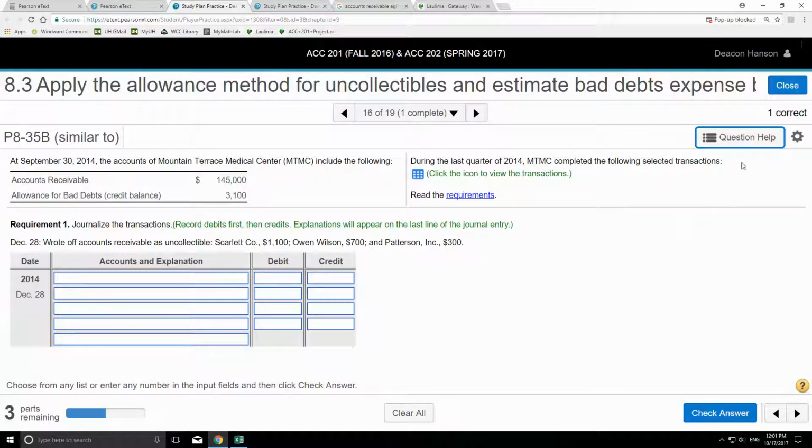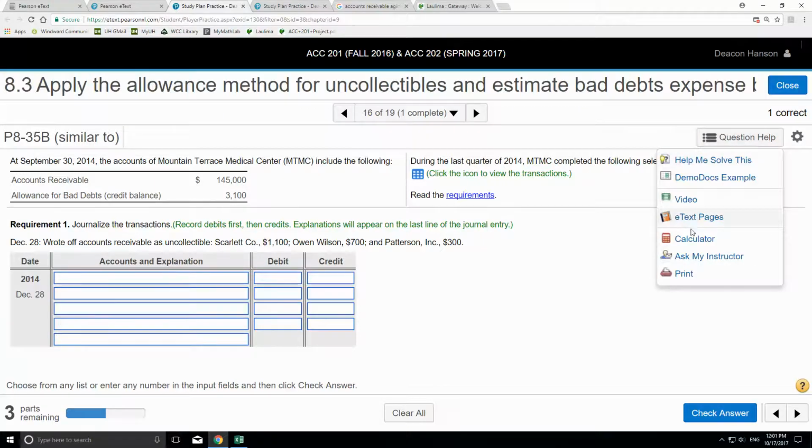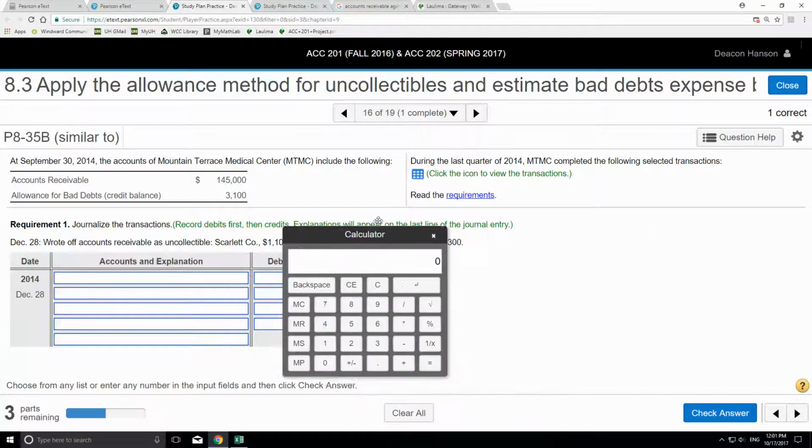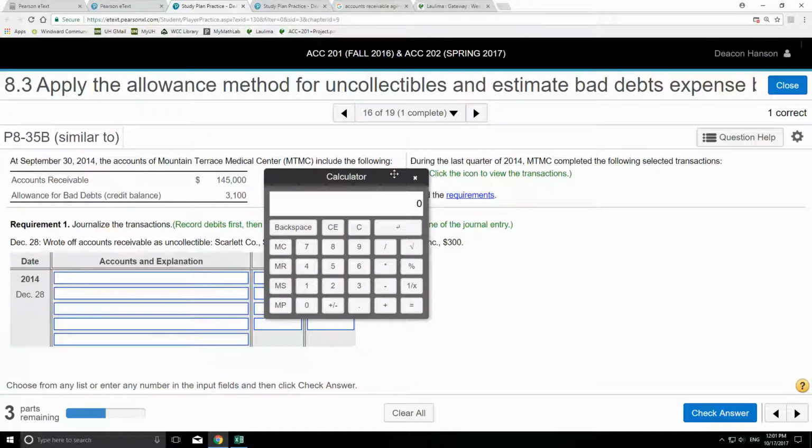Just for discussion purposes, what would be my net receivable at this point in time? Would it be 141,900 if I mentally did the math correct?